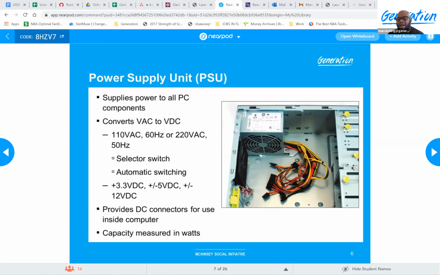I wanted to piggyback off Kelly with this slide. I know you see that little dash in front of 3.3, but it's just the dash to let you know the information. Don't get it confused with the other dashes on the other ones. 3.3 is only positive. It's not a negative 3.3.